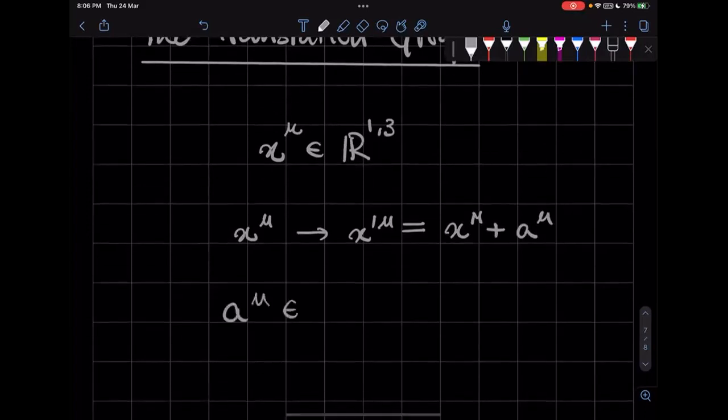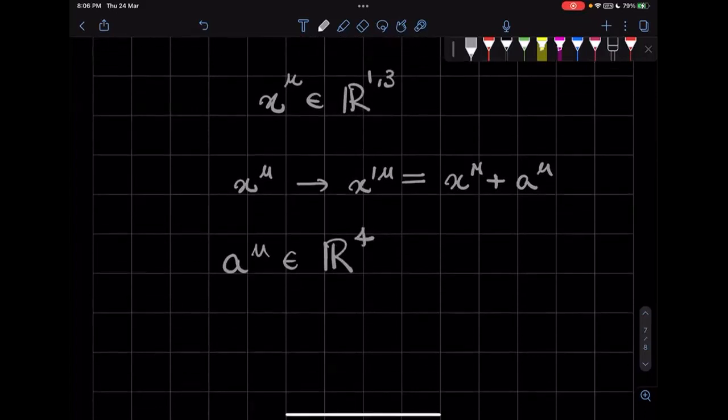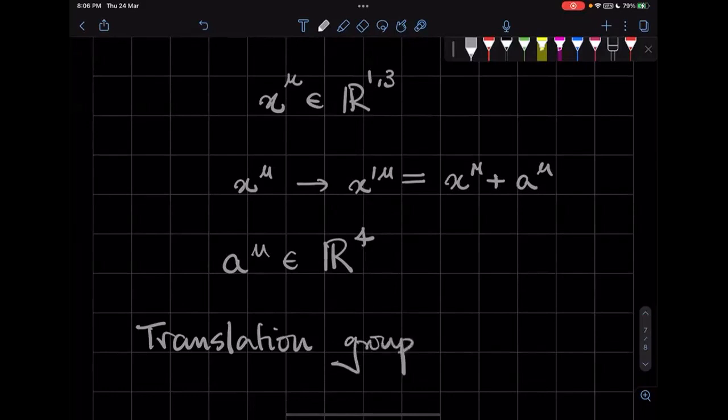So a mu is a set of 4 numbers taken from R4. So then we see that this is a group, right? So this is called the translation group of the Minkowski space-time R1,3.